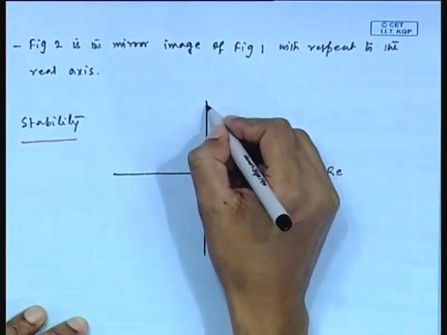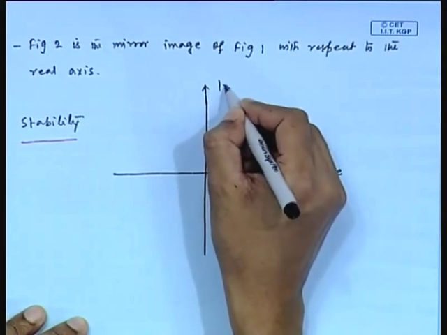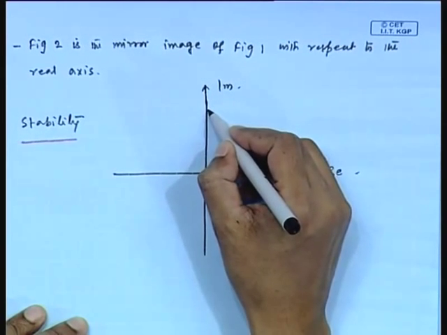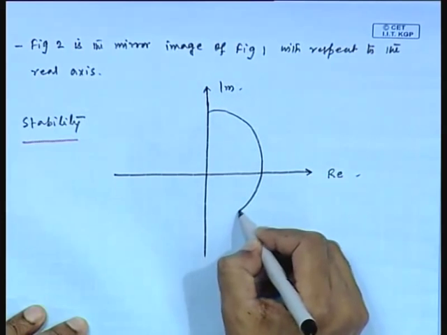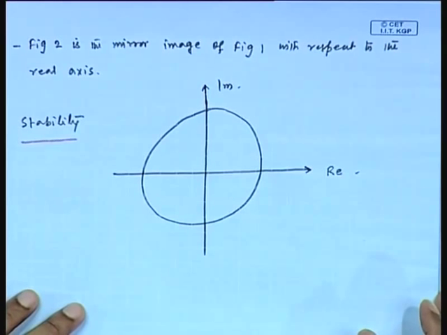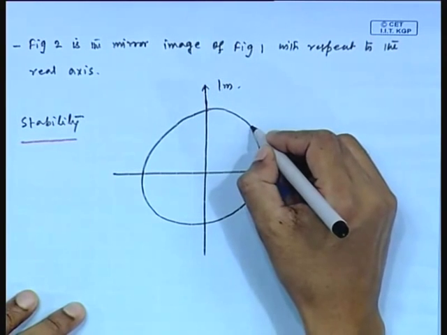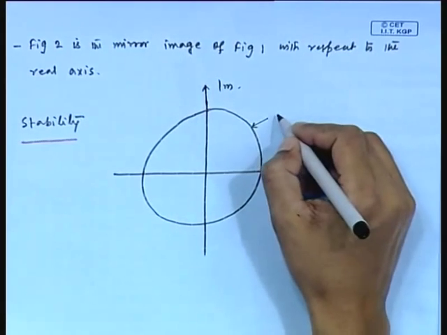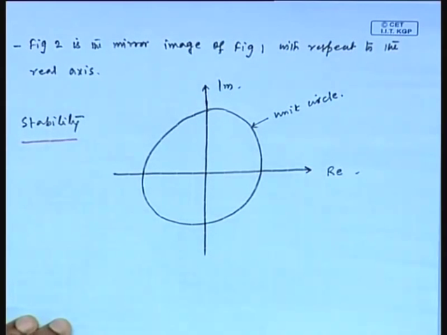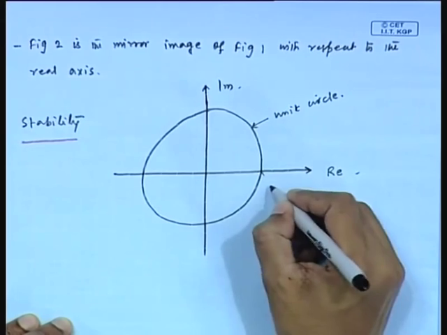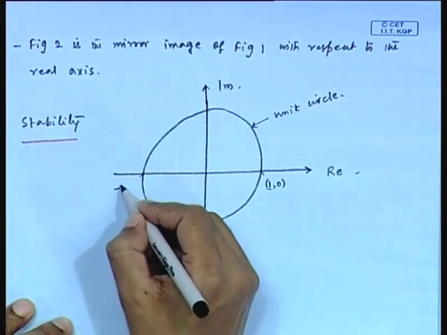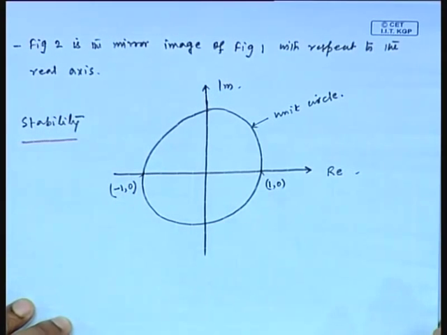So, this is the complex plane. This is the real axis, this is the imaginary axis. This is the unit circle. This point indicates 1, 0 and this point indicates minus 1, 0.